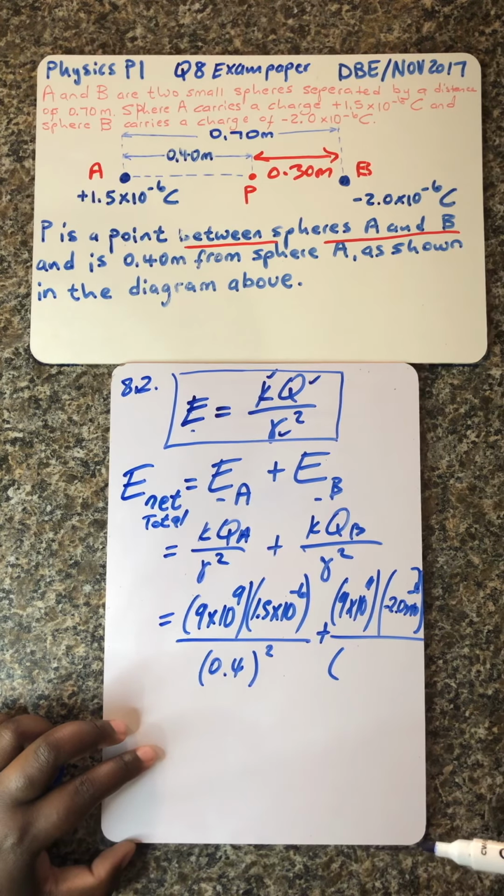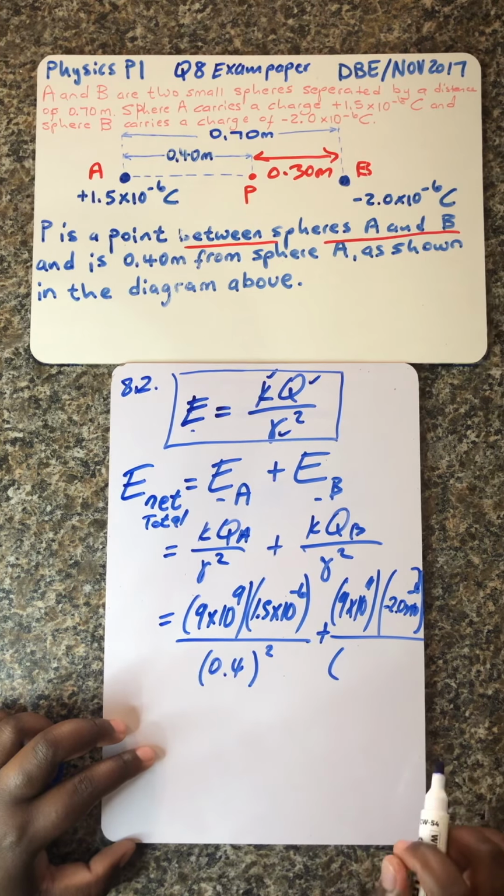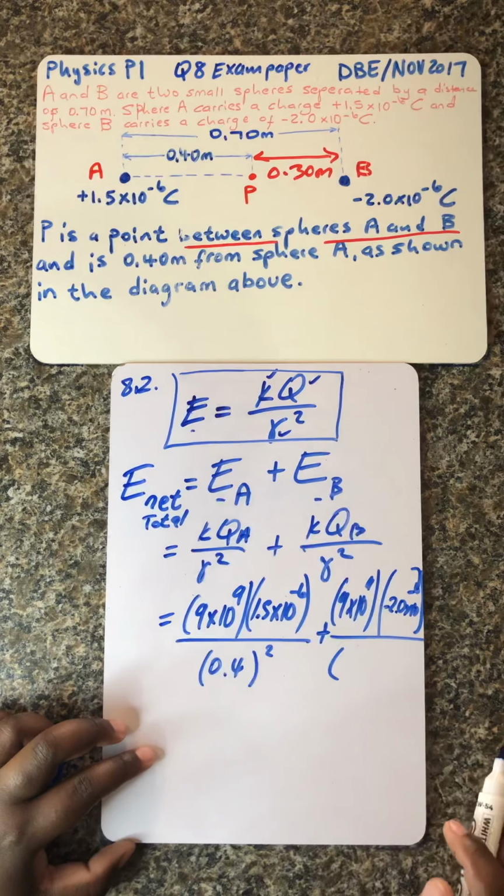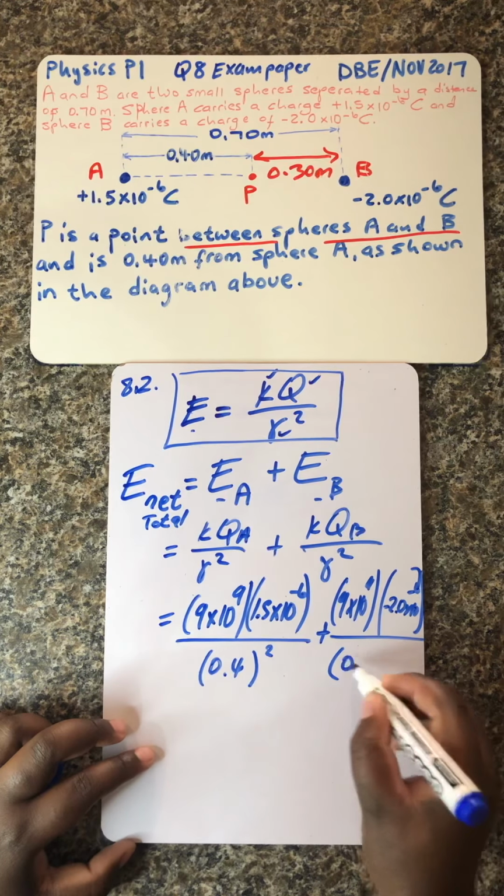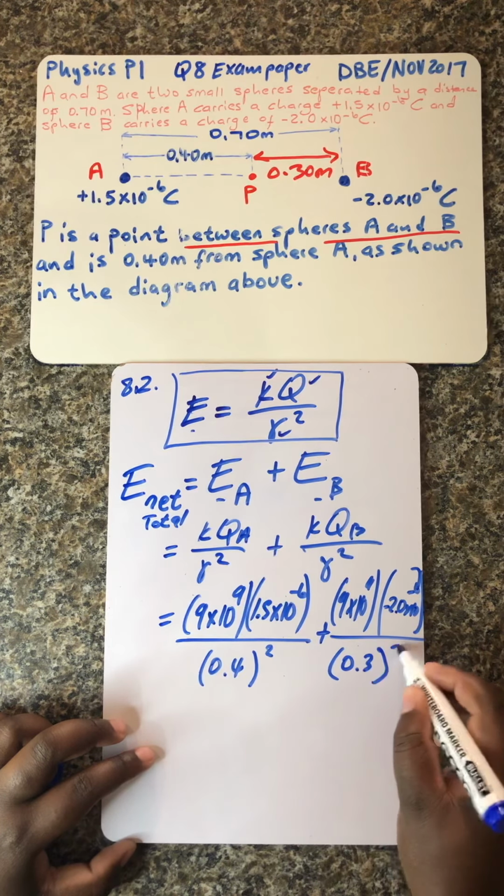Do you now notice that it was very important that at first we analyze the statement or the given diagram and fill in all the missing information? In that case, we're given a distance from A to point P. We had to calculate the distance from P to charge B, or sphere B, and the distance is 0.3 squared.